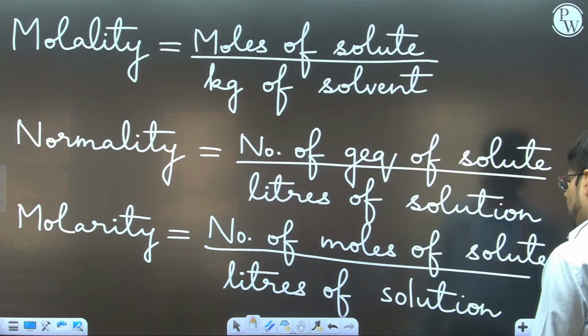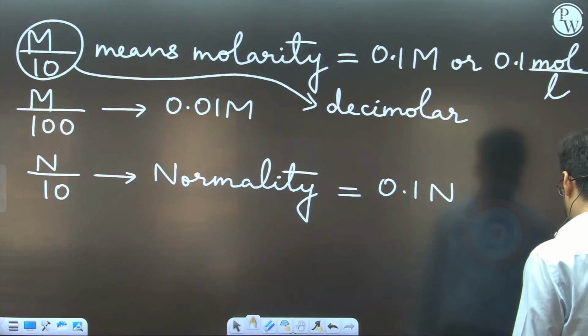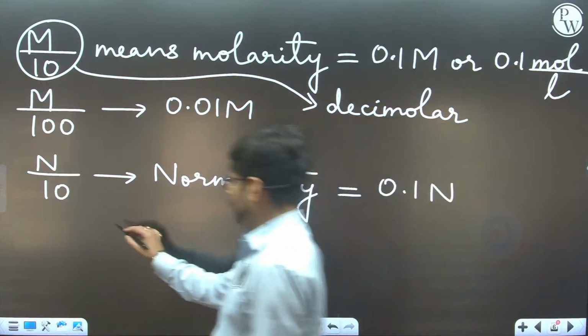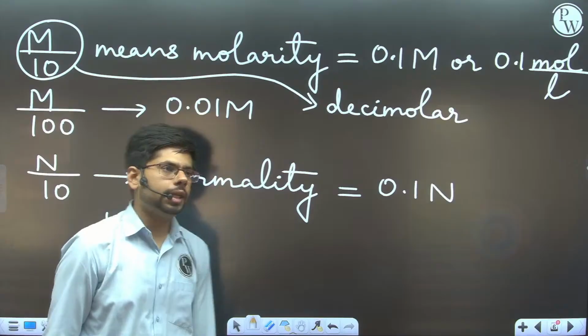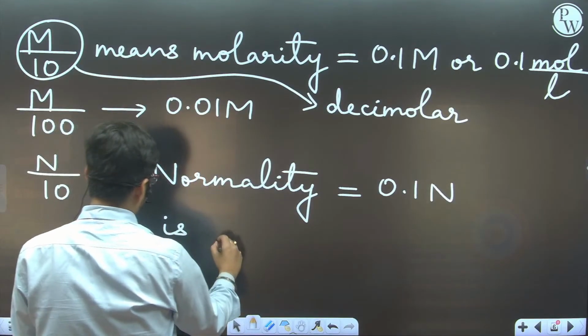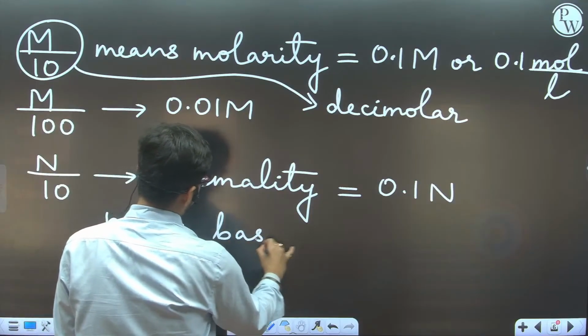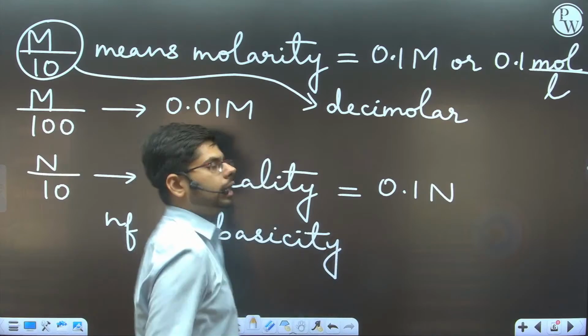Okay, coming back to that concept of n factor. Remember, we were talking about n factor when we were discussing GQ and normality. So n factor is what? N factor is basicity of the acid if it is an acid-base reaction.